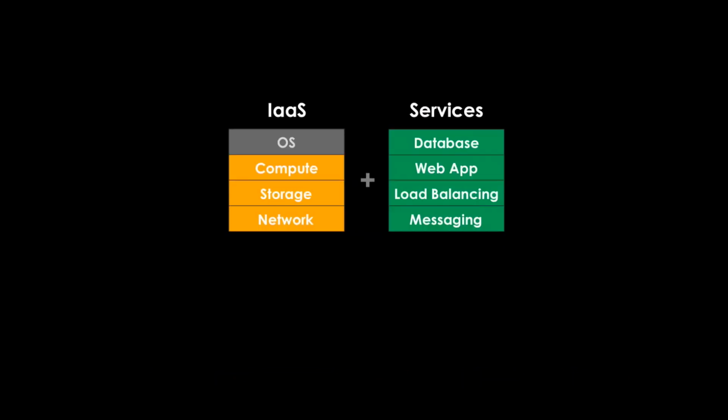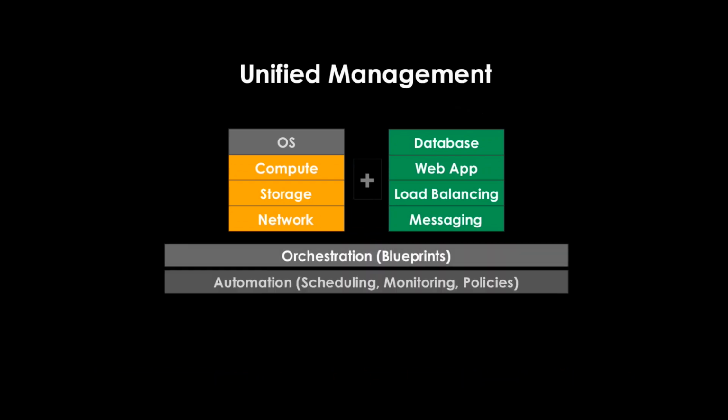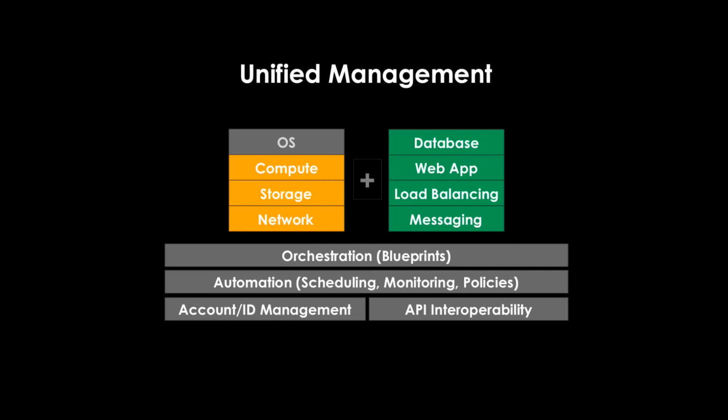So we look at this screen here. This is pretty typical for what you're going to see from a cloud provider. You've got your IaaS, your OS, compute, storage, network, and then some services bundled on top of that, right? Nothing too exciting here, nothing too differentiating. Where it does get exciting is when we add in the additional features, where we can orchestrate those together using our blueprints model. We can add in some automation across scheduling, monitoring, policies, do some great stuff with accounts, sub-accounts, and then have the ability to organize and work with it through an API.